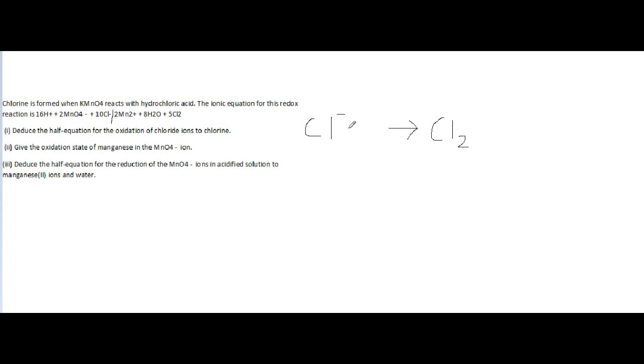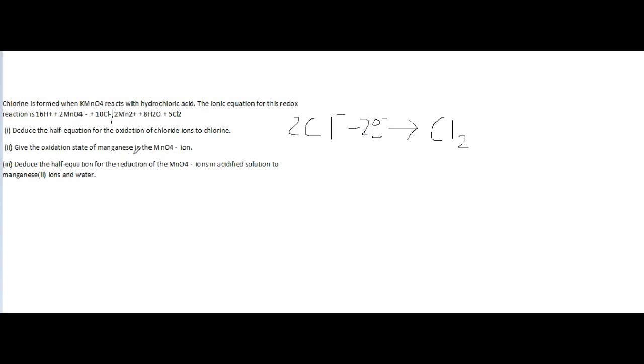So we have to take away the electrons, so we say minus e minus to represent electrons. We have two chlorines over here, so we put a two there and a two there to balance it. Very simple.